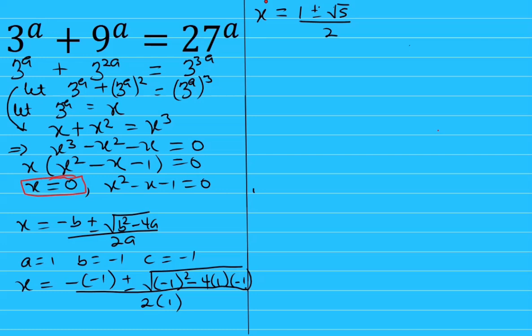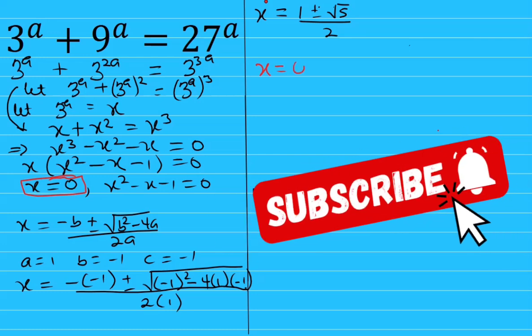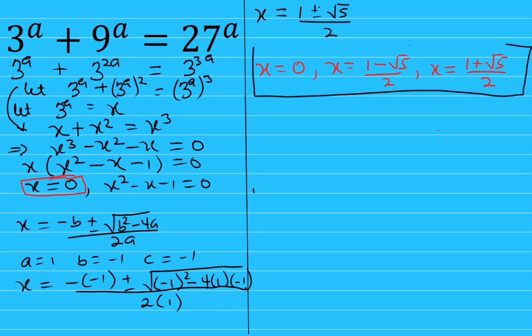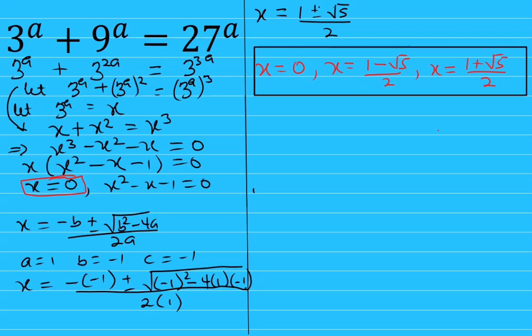So we have these three roots: x equals 0, x equals 1 minus root 5 over 2, and x equals 1 plus root 5 over 2. These are the three roots that we have gotten.